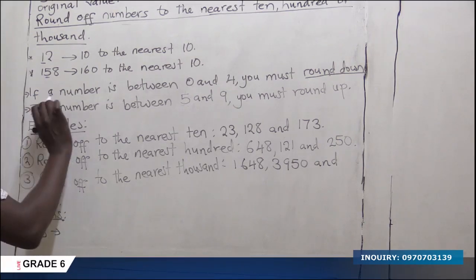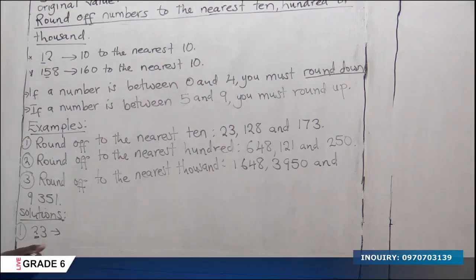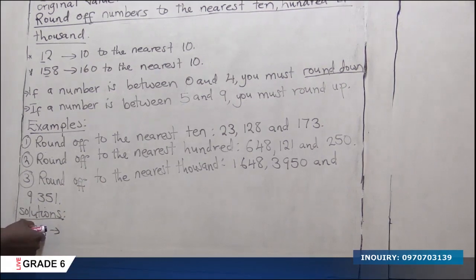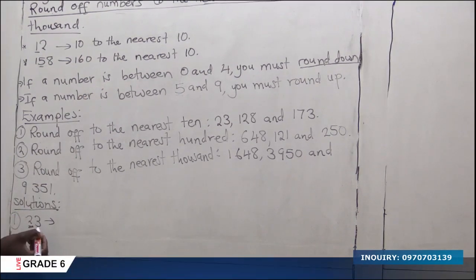And remember, we've said if a number is between 0 and 4, you must round down. Because our 3 there is between 0 and 4, we are going to round down. So when we round down, we write 2 and 0. The reason we've written 2 and 0 is that we've rounded down.